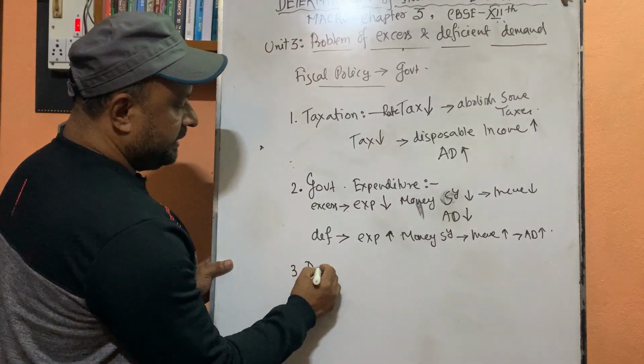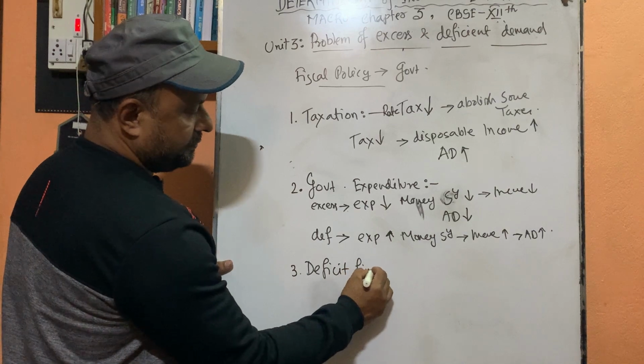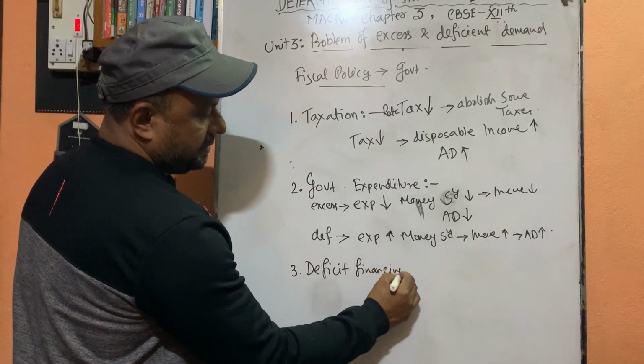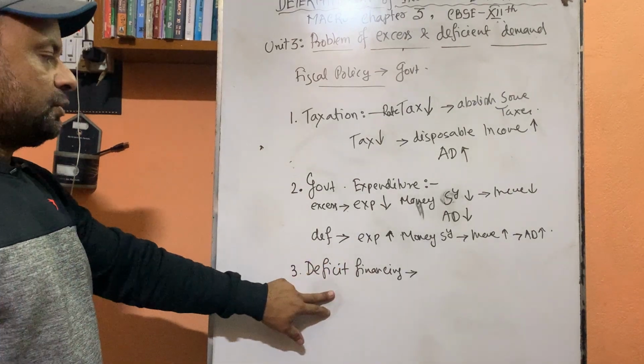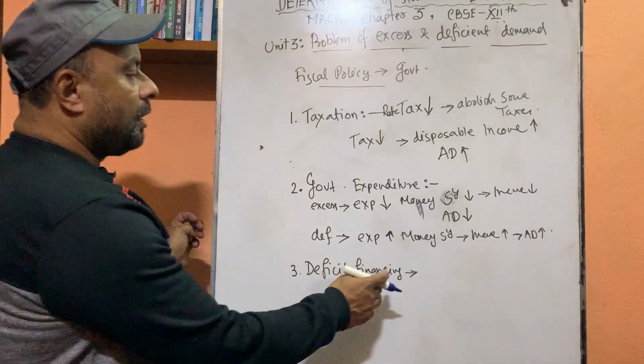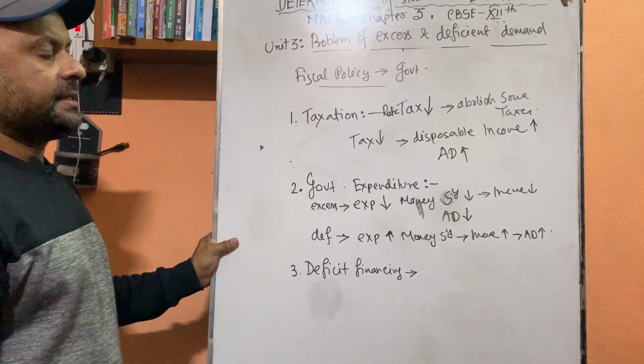Third one is deficit financing, the third instrument. Deficit financing means printing of new currency notes, or the government may finance the excess required money from outside or from inside the country.